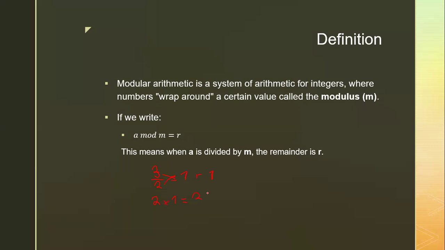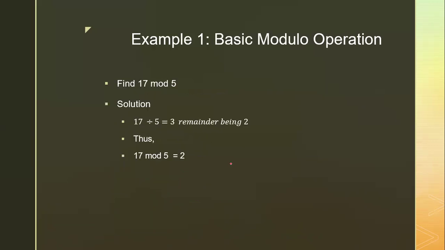Then to the answer that you get, you add 1, which is basically going to be 3, which is this guy here. So you see how this actually works out, right? So a mod m is equal to r. This means that when a, which is this 3 here, is divided by m, the remainder is r.